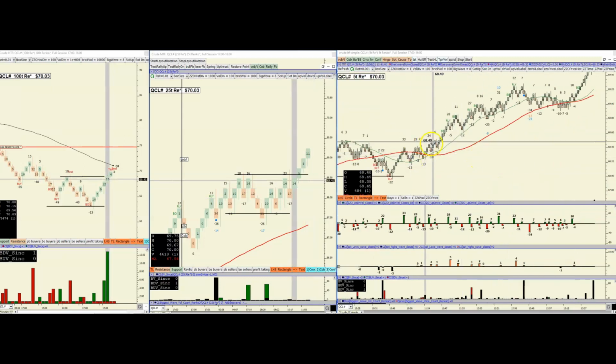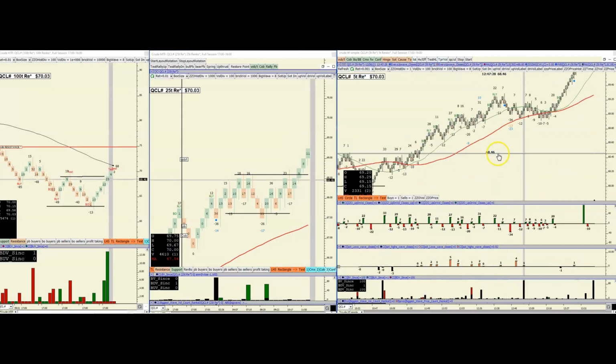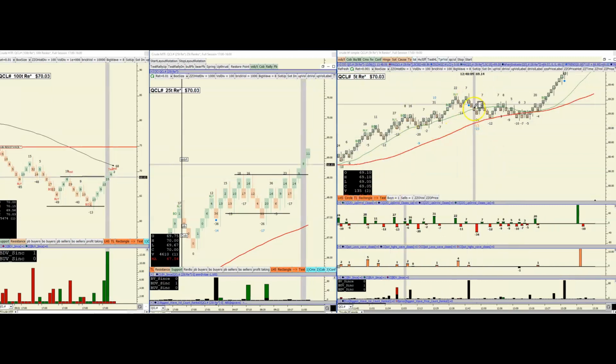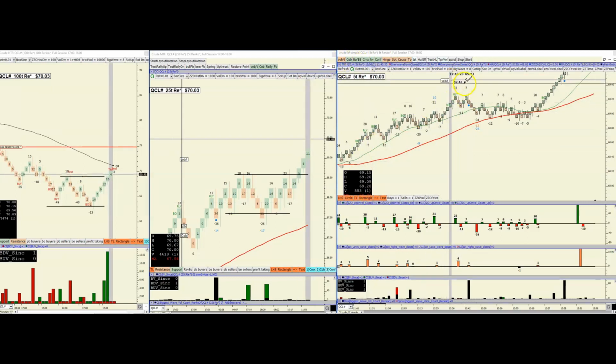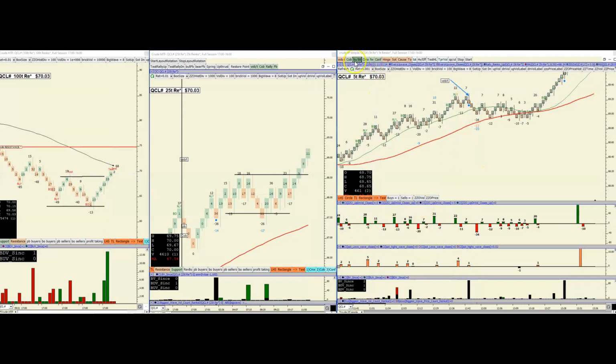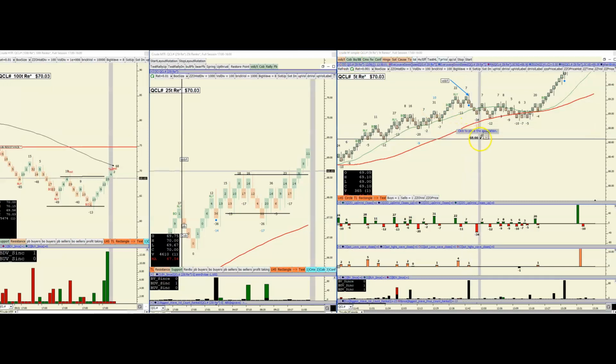Once again, the market rallies. What do you have here? You have volume off the top. What else do you have? Change of behavior. Right there.